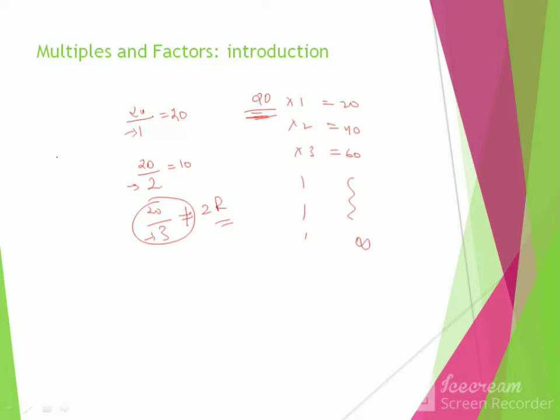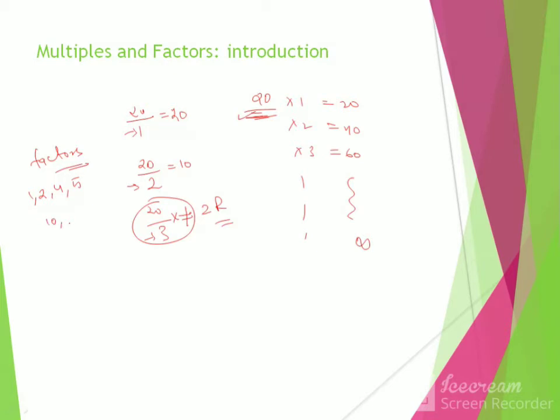Then the natural numbers by which we are able to divide the given number are called factors. So the factors of 20 are nothing but 1, 2, 3 is not a factor as it is not exactly dividing 20. We'll be getting 4, 5, 6, 7, 8 will not be dividing, 9 also will not be dividing.